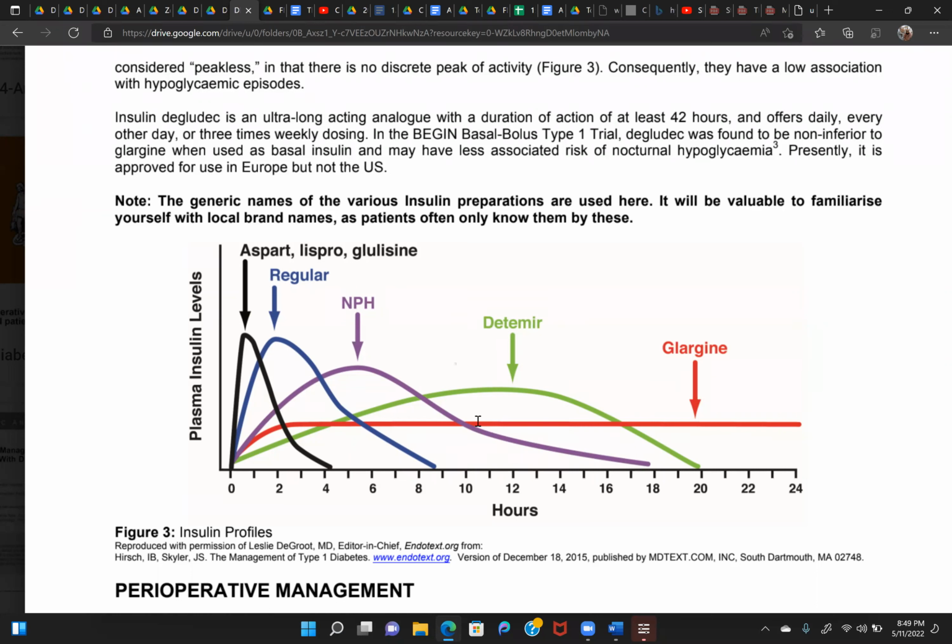Compared to that, this is what I was telling you, ultra short acting: they come very fast, and their effect finishes earlier. Then comes regular, then NPH. I have not heard about detemir, I don't know what it is. Glargine is long acting.